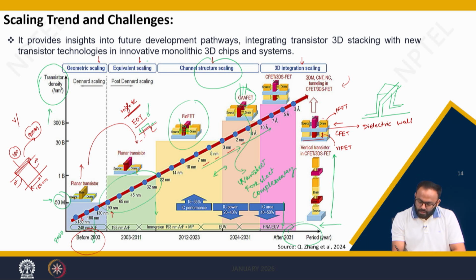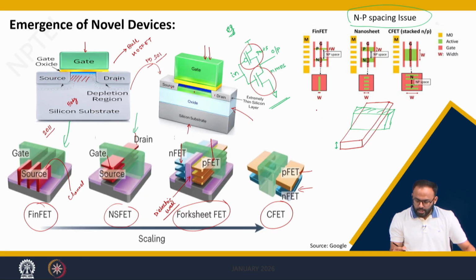If you have 5 terminals, basically this drain, this source and the gate, and you connect the appropriate voltages, then a single device acts as an inverter. No need to connect these NFETs and PFETs externally, right. So, this defines the emergence of novel devices, where the physics and the theory that we have defined for bulk MOSFETs is simply applicable with proper optimization and modulation.